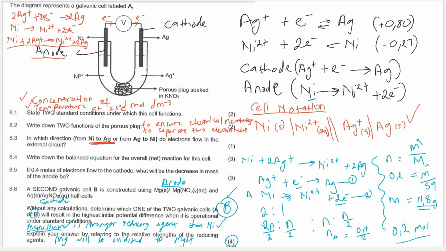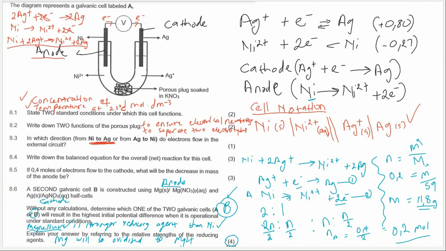So for this question, I suggest that if you do most of the past papers, pay attention, you'll see it's always one way of answering it. You just compare the two metals. It's either depending on their oxidation ability or reducing ability. It depends on the question, and you just write what will happen with that metal. So obviously Mg will be oxidized to Mg2+. You just have to focus on that.